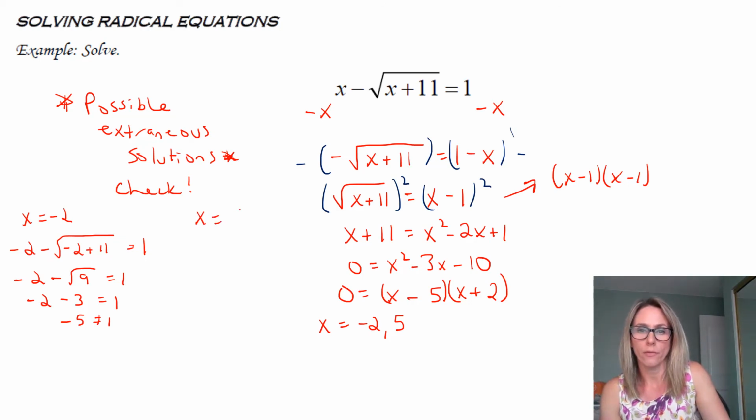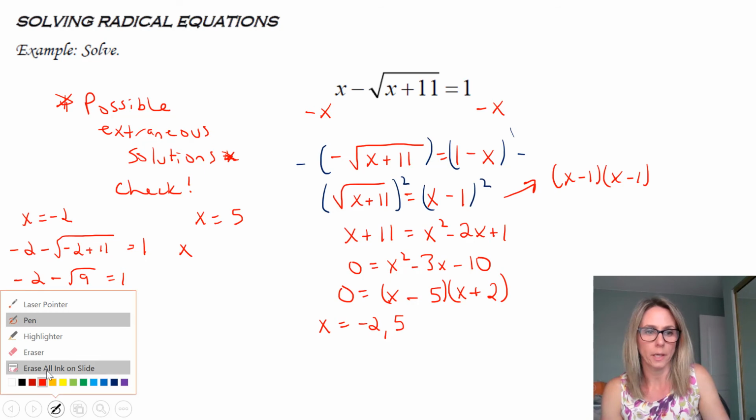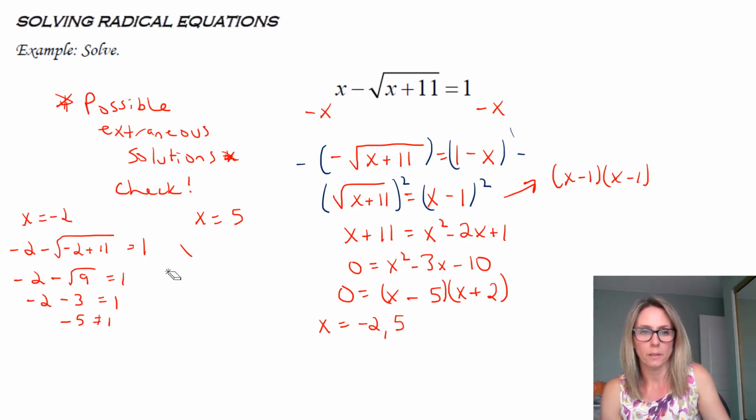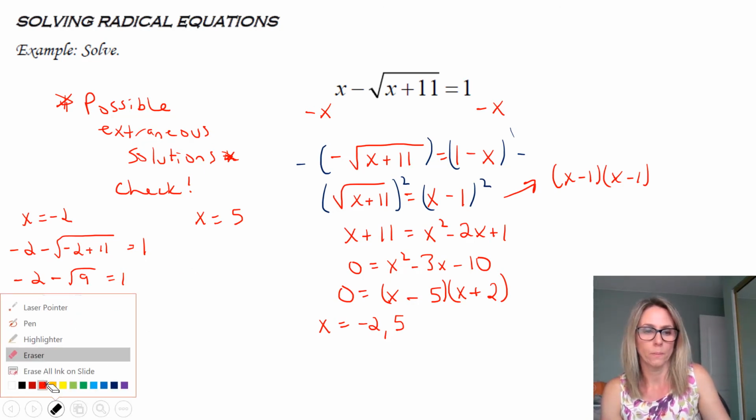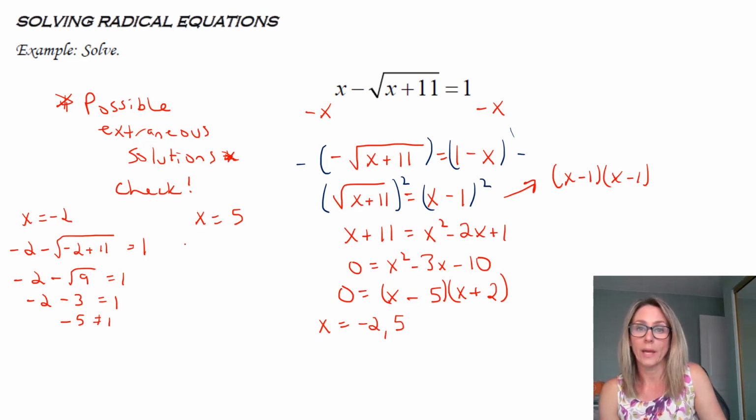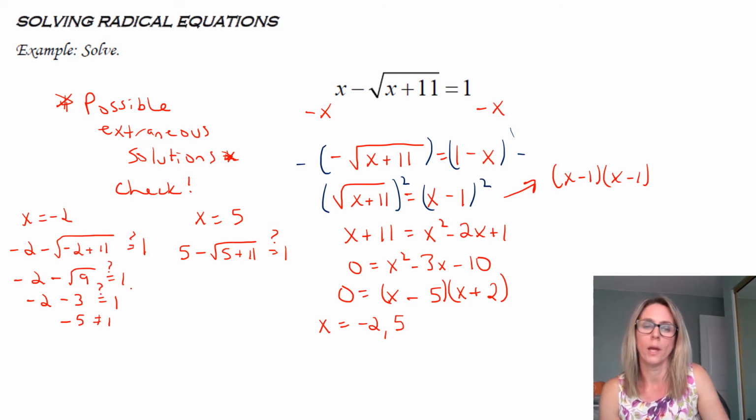If we check 5, I gotta put in my 5. We get 5, so I'm going back to the original, minus the square root of 5 plus 11, does that equal 1? So notice the idea here is I'm checking it. I don't know if it equals 1, but in the first one, it did.